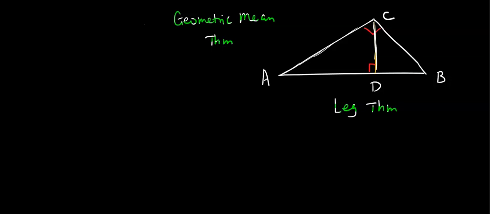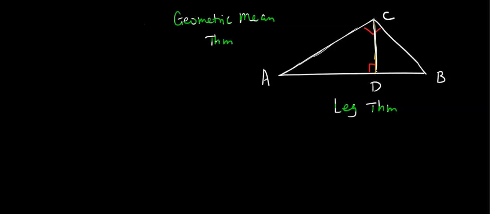The geometric mean leg theorem says this. In a right triangle, the altitude from the right angle to the hypotenuse divides the hypotenuse into two segments. I'm going to talk about this case. It says CD is the altitude.